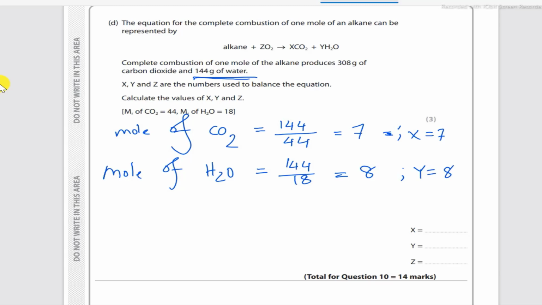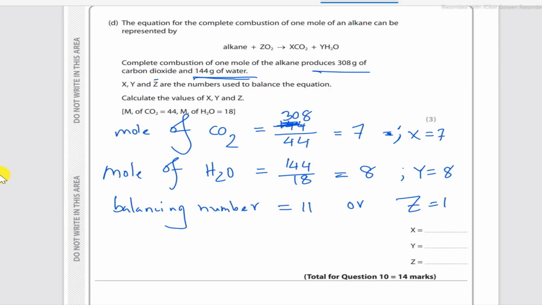Carbon dioxide 308, so 7. And moles of oxygen, so balancing number, so Z equals 11.